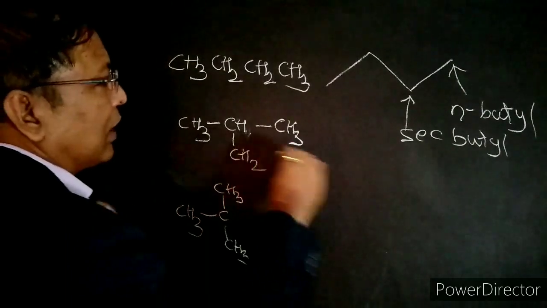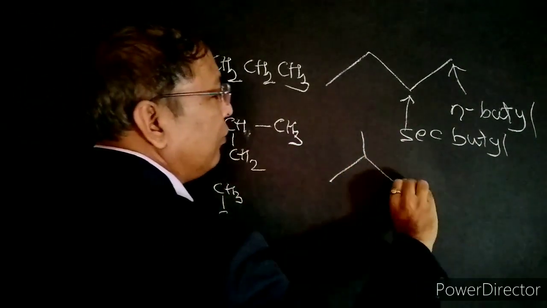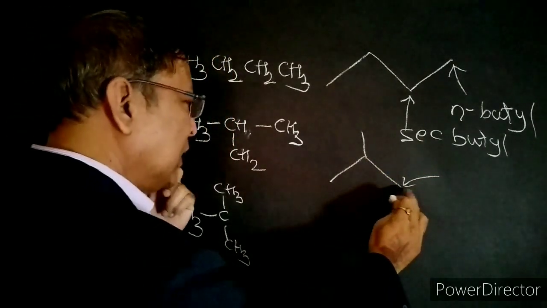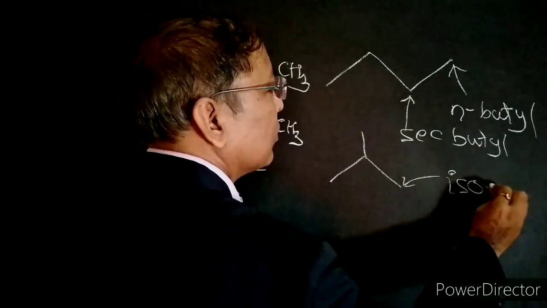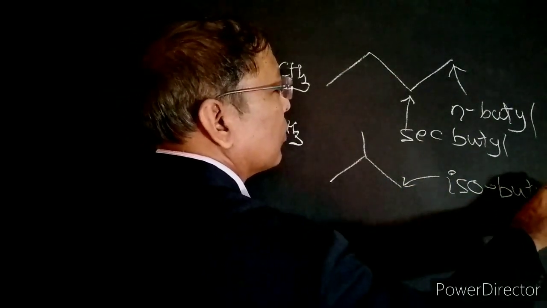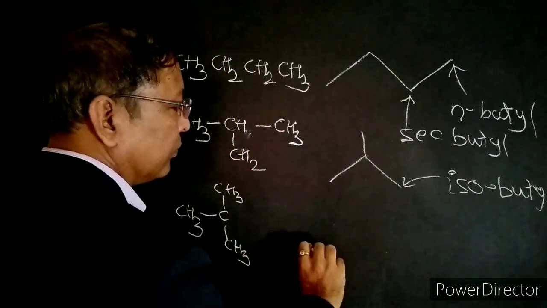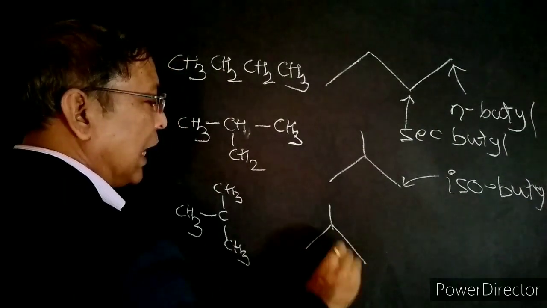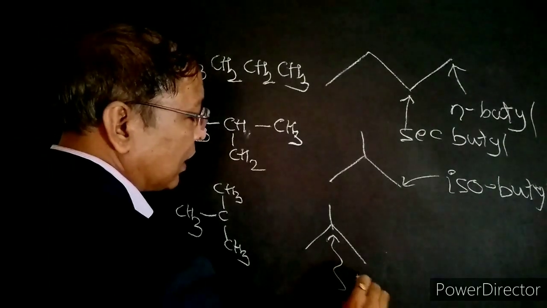When the carbon atoms are present in this way, and hydrogen from this carbon is replaced, we call it isobutyl. And in this case, if the hydrogen is replaced from this carbon, then we call it tertiary butyl.